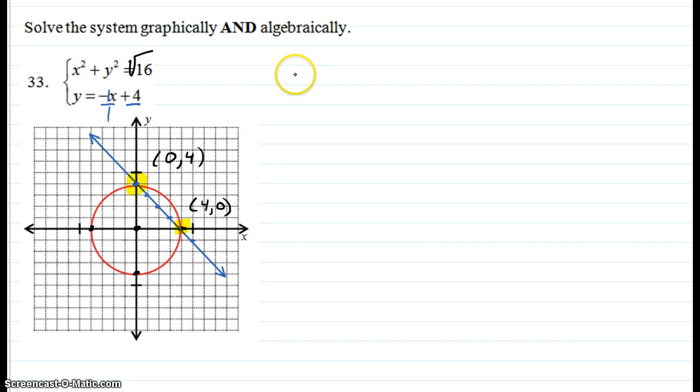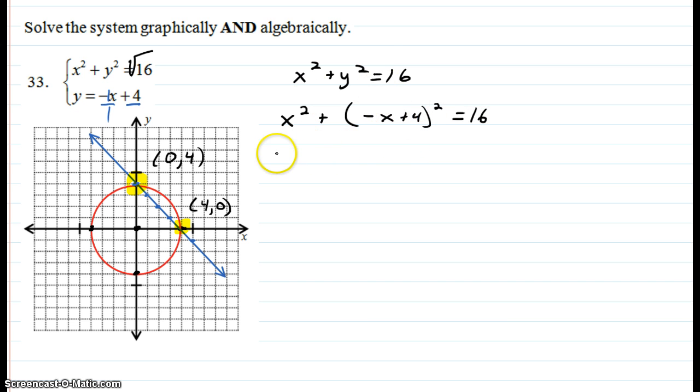Alright, so since we have this, x squared plus y squared equals 16, and it tells us that y equals this expression, we're just going to rewrite this: x squared plus, now instead of writing y, we'll write negative x plus 4, squared, equals 16, and we'll FOIL this out and see what happens.